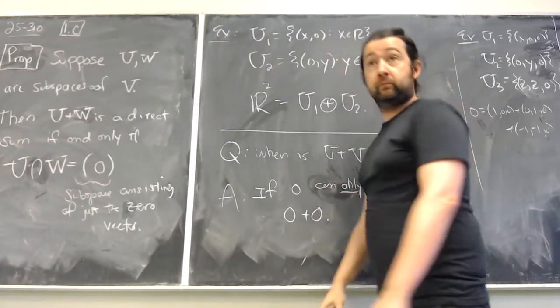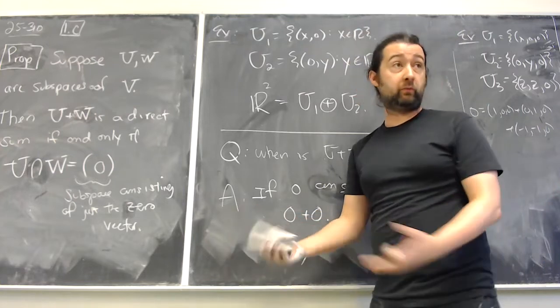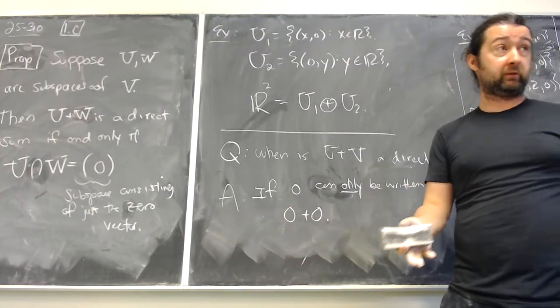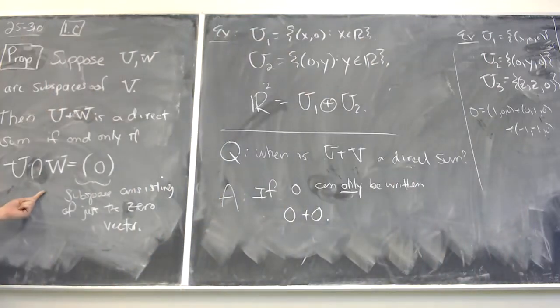Are those two statements synonymous? Yes. In fact, we'll leverage this in the proof, this idea about 0 having a unique representation. What it means is that if you pick something in U, it can't be canceled out with the additive inverse in W, so the only vector that I could do that with is actually the 0 vector itself.